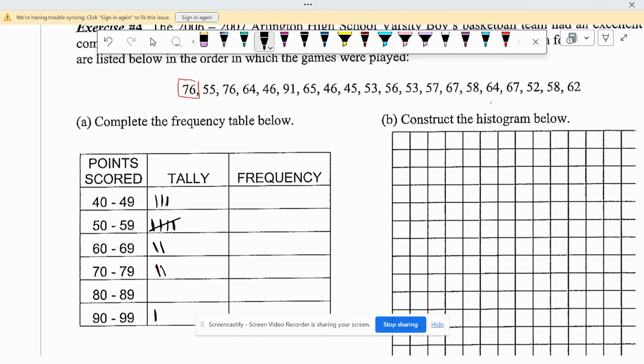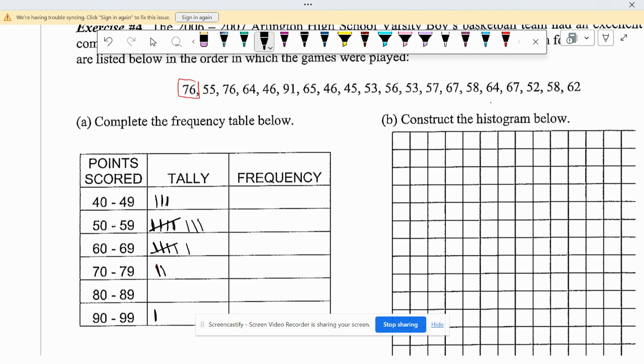So now I have 5 tally marks. So I cross it over. Score of 67, score of 58, score of 64, score of 67, score of 52, score of 58, and a score of 62. So I've made my tally marks.